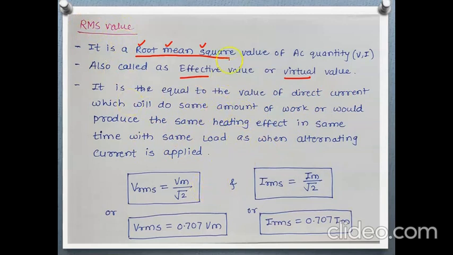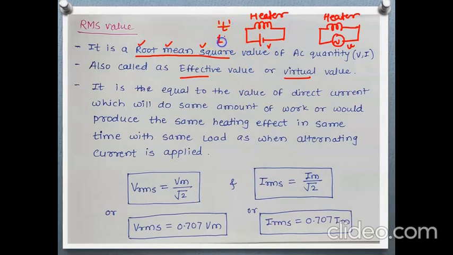What is the meaning? Suppose we have this heater coil, and this is also the same heater coil. Suppose here we have applied a DC voltage and here we have applied an AC voltage, for the same time, say 1 hour.